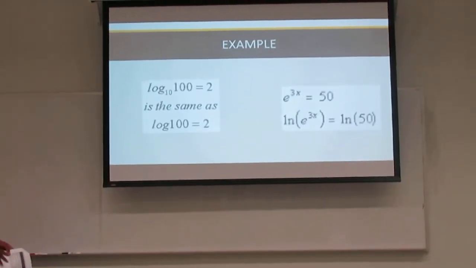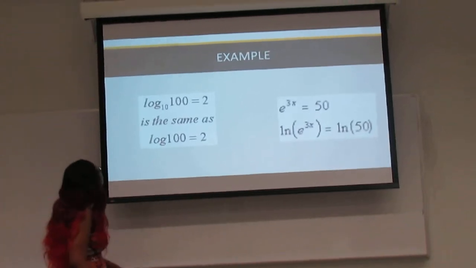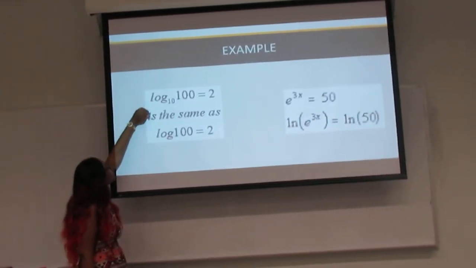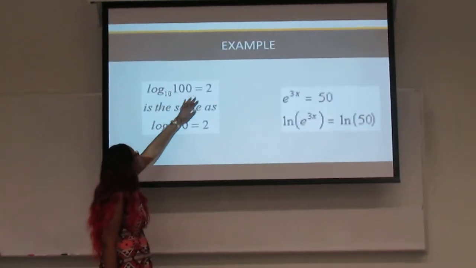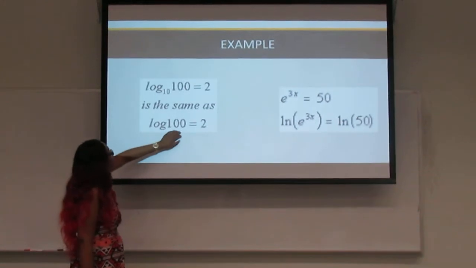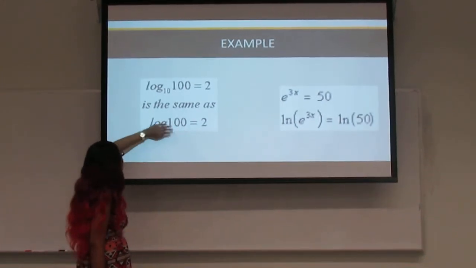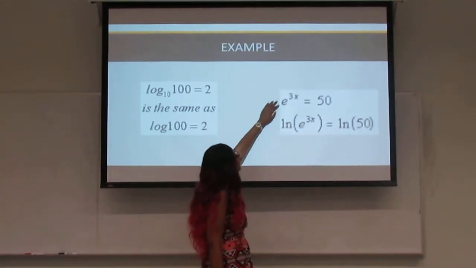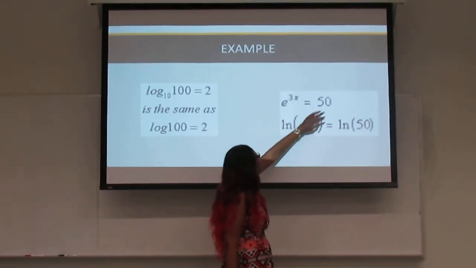Examples for a natural log and a common log. A common log would be log base 10 of 100 equals 2, which basically means the same as log of 100 equals 2. Basically, you're just taking the 10 out because you assume it's there. Now e to the 3x equals 50.